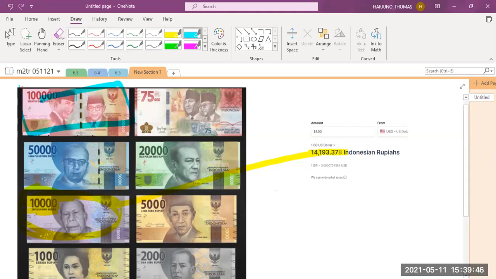This one here. But do you realize that this is actually worth less than $10? It's approximately only $7.